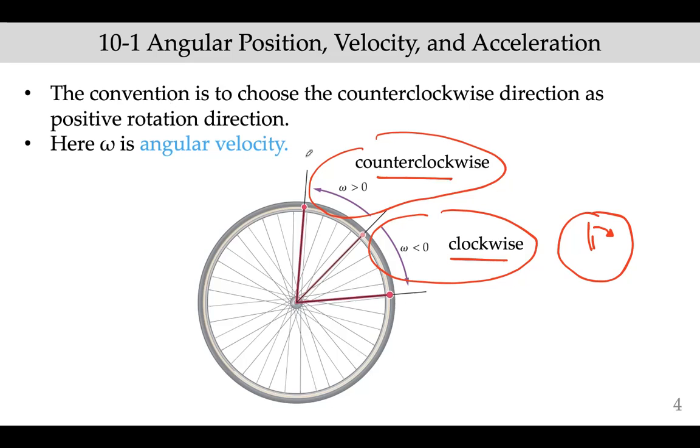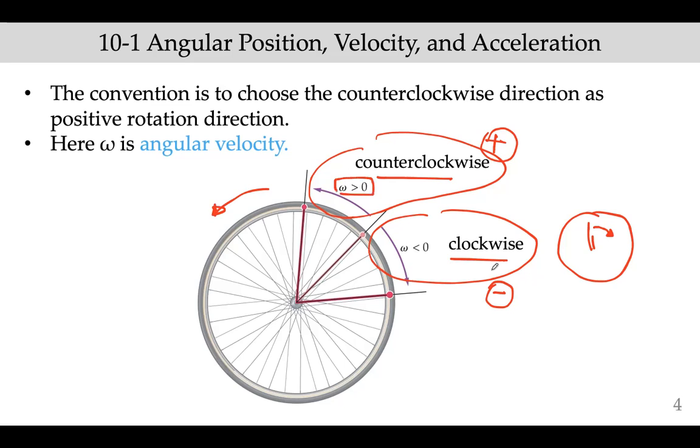So we have to call either one positive and the other one negative. The convention is you call counterclockwise as positive. So this is the positive direction, and this is the negative direction. If this wheel turns this way, then its angular velocity will be positive, as you can see here.